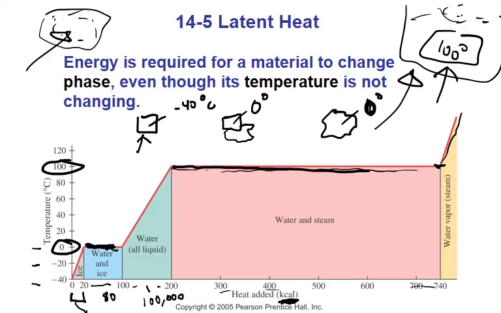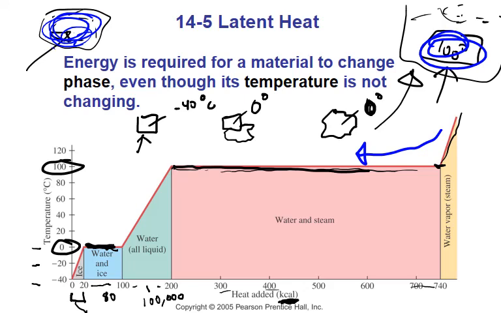Now, we could also go the other way, from a hotter situation to a colder situation. So let's say we're coming this way. You have steam at 100, and you cool it.